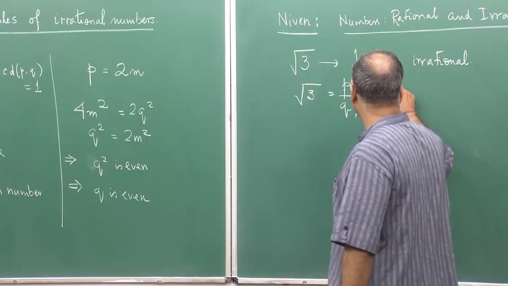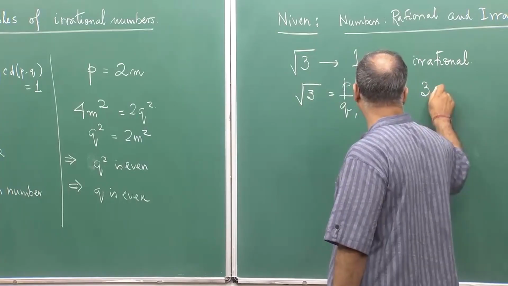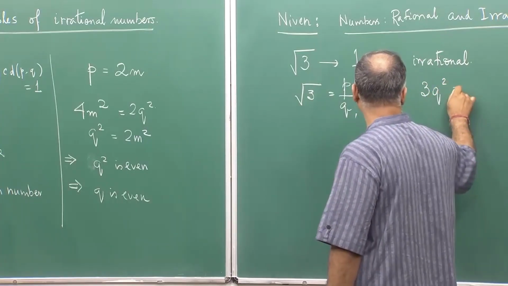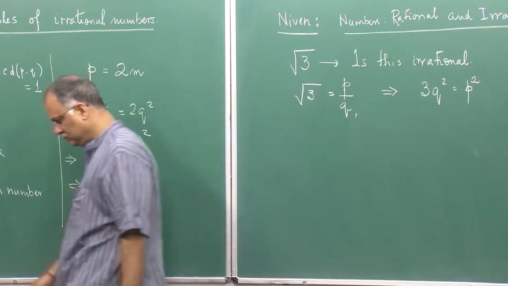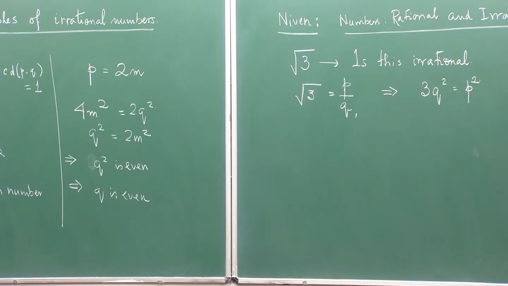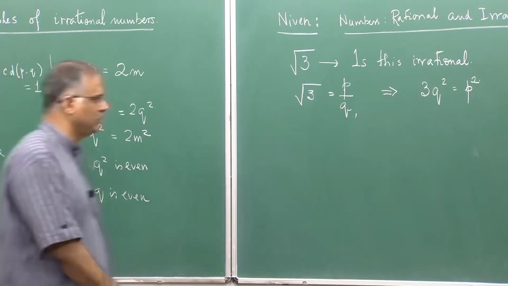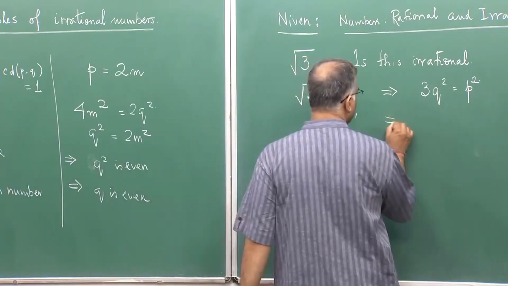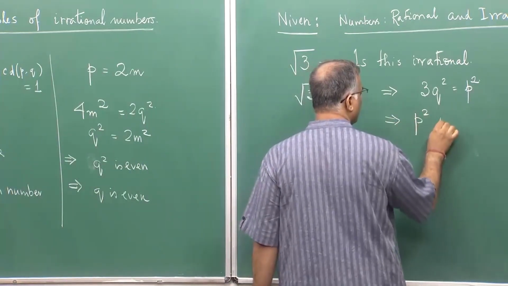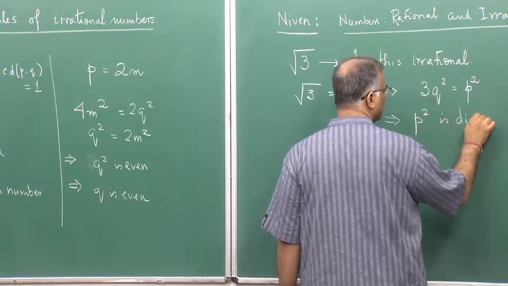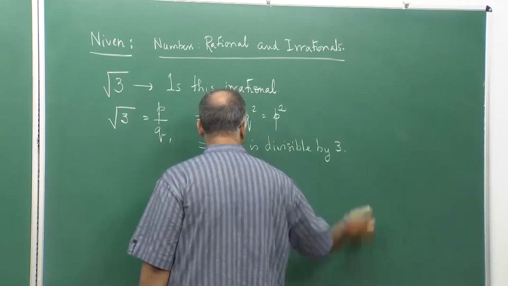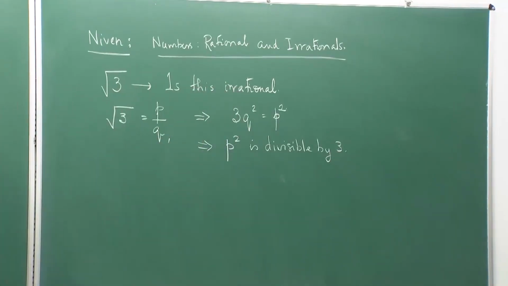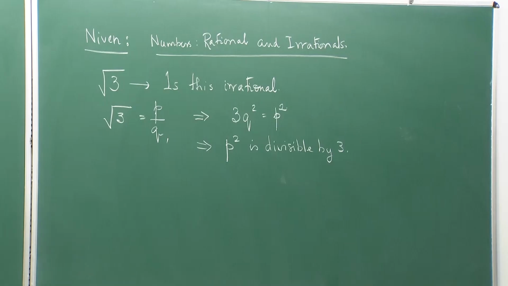So, this would imply that 3 Q square is equal to P square. So, what it simply means is that P square is divisible by 3.